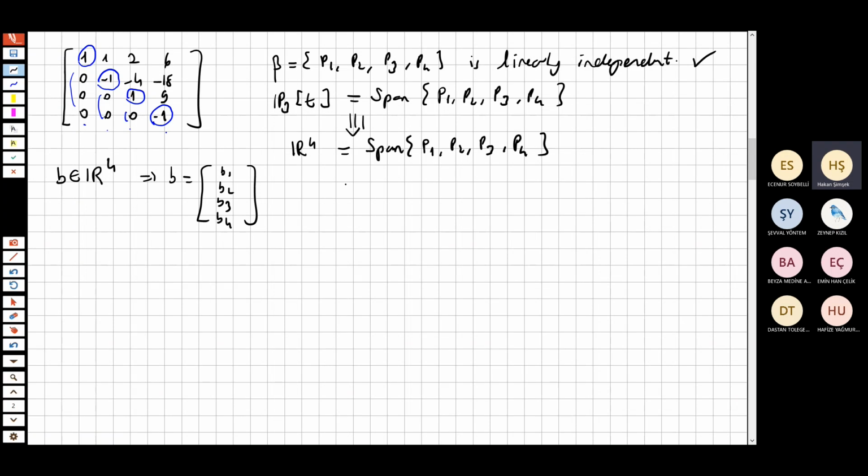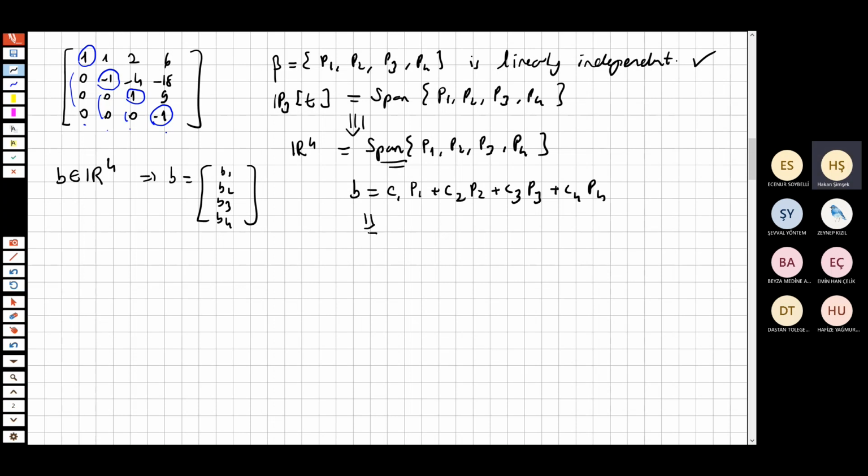So we can consider B is a linear combination of the vectors according to the definition of spanning set, you know, C4, P4.